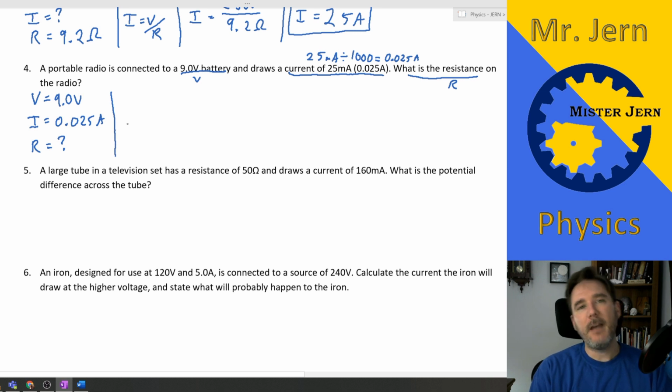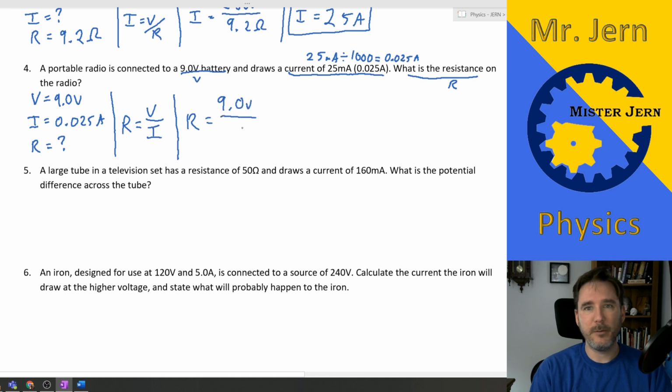Okay, so I have the equations written at the top, and I want to find resistance in this case. So resistance is V divided by I, and plug the numbers in. Once again, the math itself isn't too tough. Now I'm in the algebra mode, so I just got to go 9.0 volts divided by 0.025 amps.